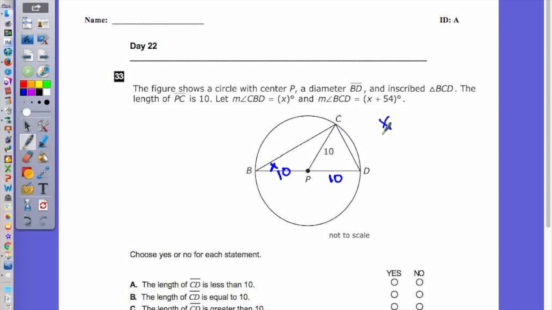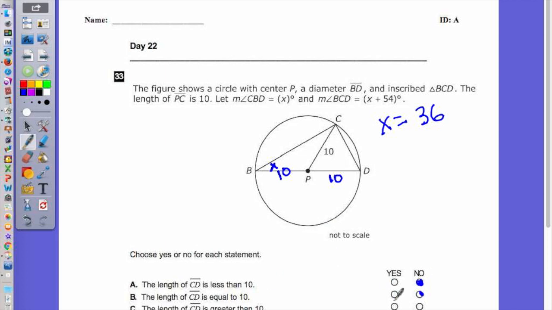So we know that X is equal to 36. Okay? So choose yes or no for each statement. The length of CD is less than 10. We don't know what the length of CD is, do we? Okay? And it's not 10.